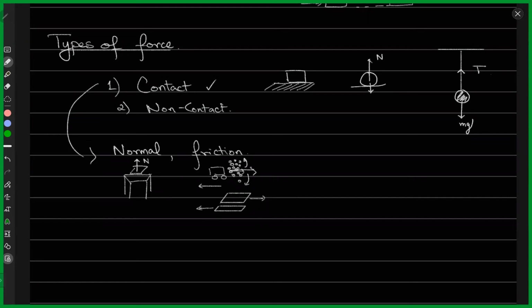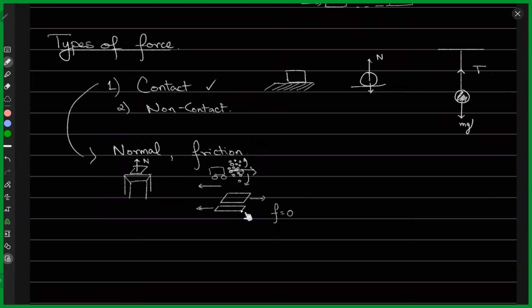Now, in a hypothetical situation, it could be that these two surfaces are so smooth that the friction force is zero, right? Now, where does friction come from? That's what I'm trying to get at, right? I'm talking about the friction in terms of surfaces, at this point.